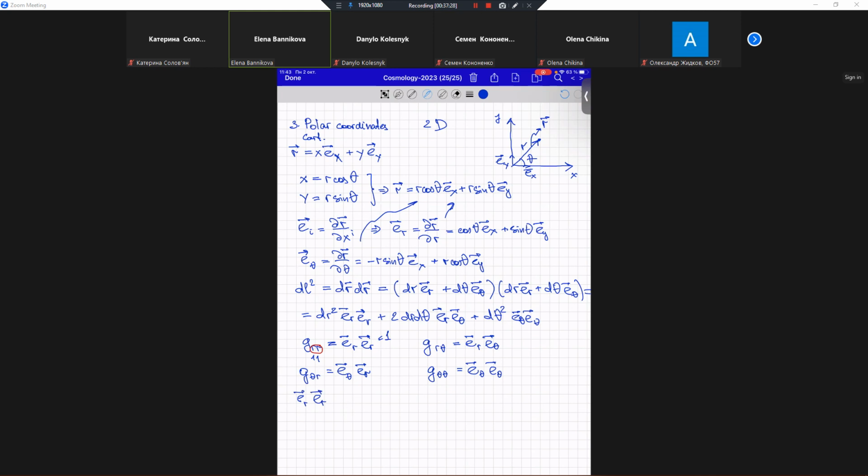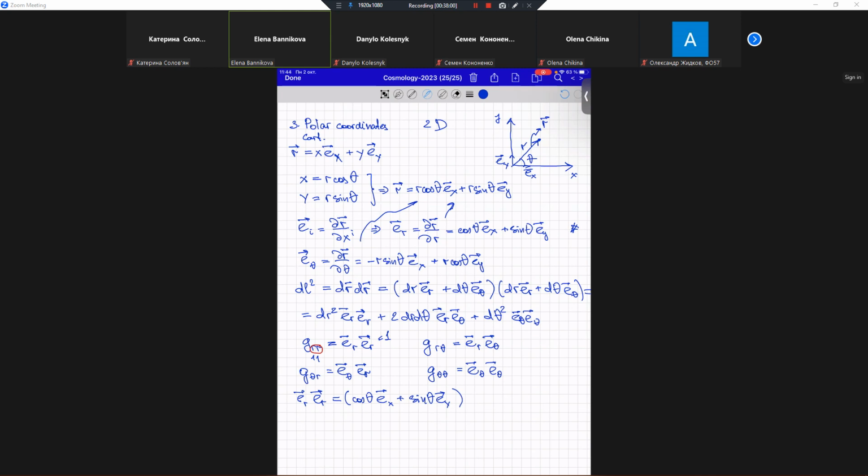If I put here the basis vectors as a product, it will be cosinus theta ex plus sinus theta ey.